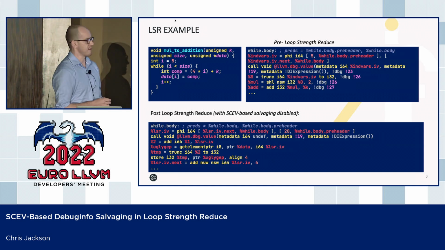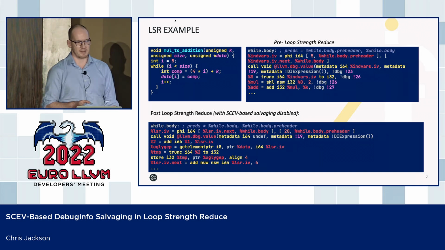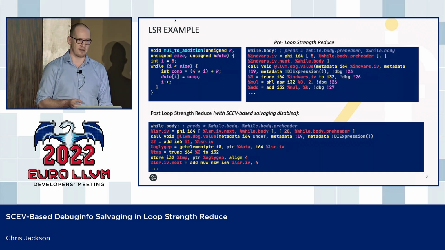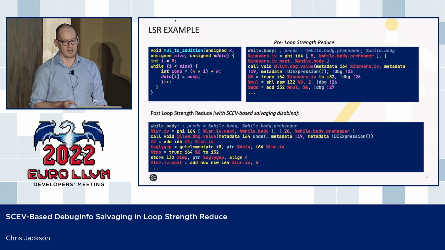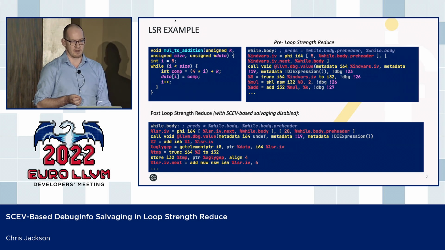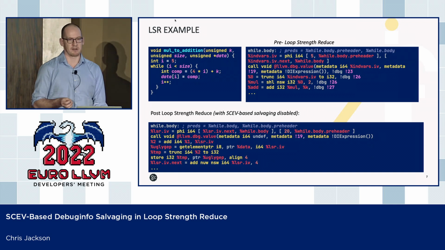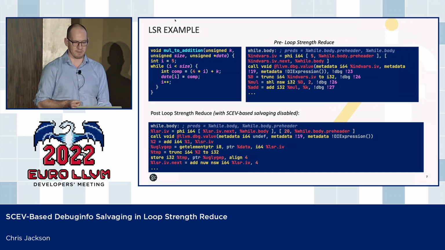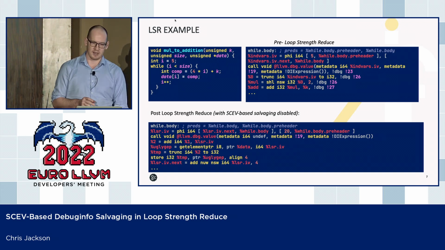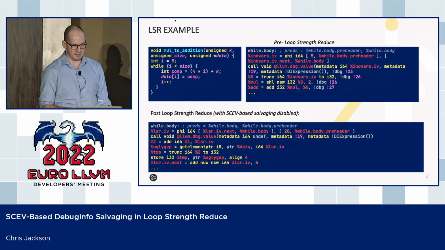And you can see that after loop strength reduce, that has been optimized out. Invars.iv is no longer present. It's been replaced, or at least the IV in the loop has been replaced by a canonical IV from LSR. And also note the debug.value intrinsics, which I'll go into more detail in a second. Between the top and bottom IR, the location has now become undef.